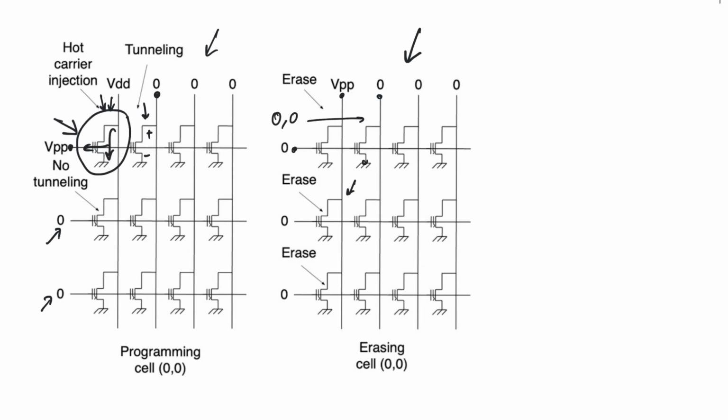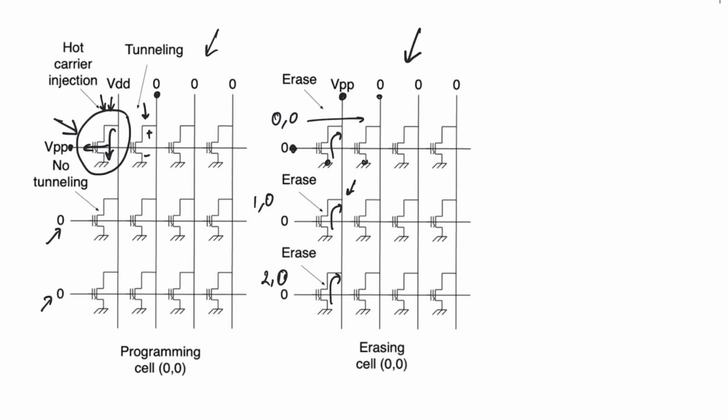So these three cells are going to observe the same terminal voltages, which is VPP on the drain, 0 on the gate, and 0 on the source. So tunneling, which is the process through which we deprogram or erase the first cell 0, 0, is also going to happen in cell 10 and in cell 20. So if any of these cells contained any information, that information will be erased.